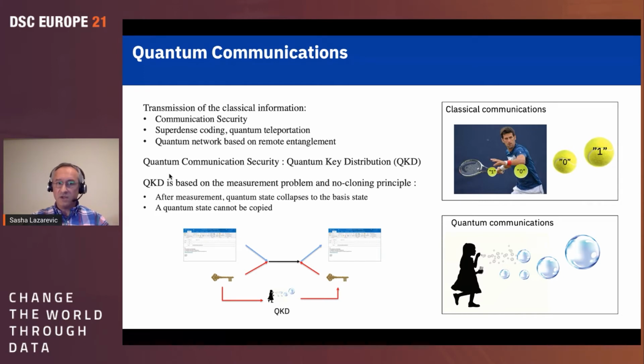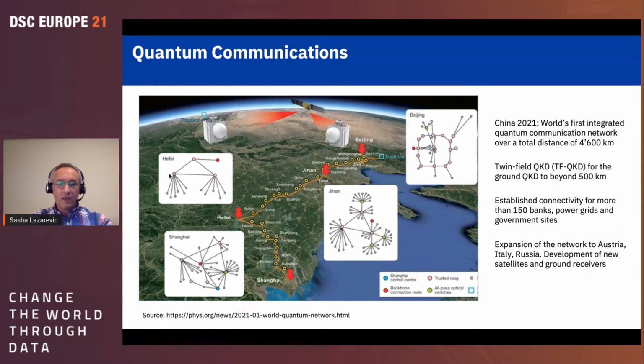So this is fascinating, and there is a lot of work being done in this field. And also, this is coming from China. This year, they have completed the first integrated quantum communication network over a total distance of 4,600 kilometers.